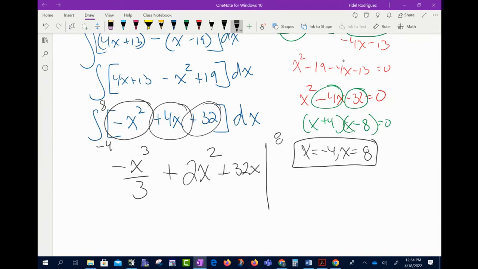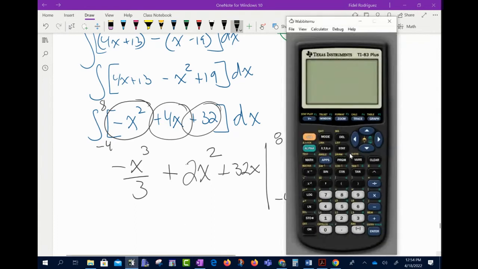So what we're going to do now is evaluate this from negative 4 to 8. I'm sorry, I said negative 8 to 4, so it's from negative 4 to 8.